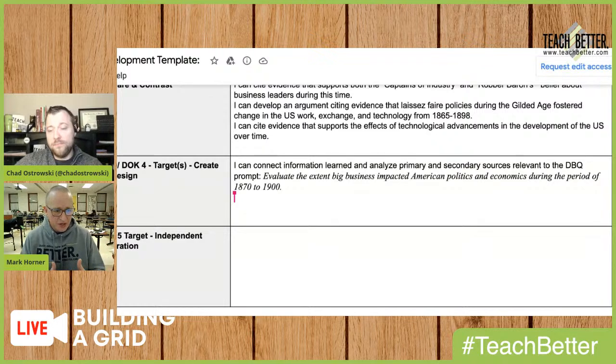Agree. Evaluation again. Something they could create, something that we have done in the past, is I've actually had them make a political cartoon. They've taken a socioeconomic issue and made a point about it. They've taken a position.